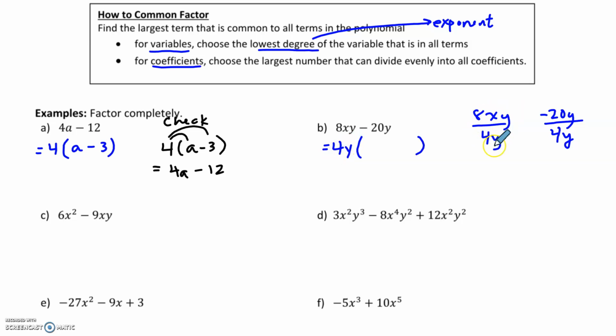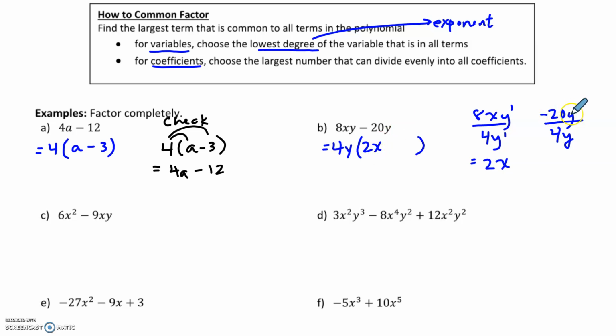So 8xy divided by 4y, we know 4 goes into 8 2 times. There's nothing to divide the x, so we're doing the quotient rule. We have y to the 1 divided by y to the 1, which will result in y to the 0, and we know y to the 0 just goes to 1, so this is gone. All right, so when I divide 8xy by 4y, I'm left with 2x.